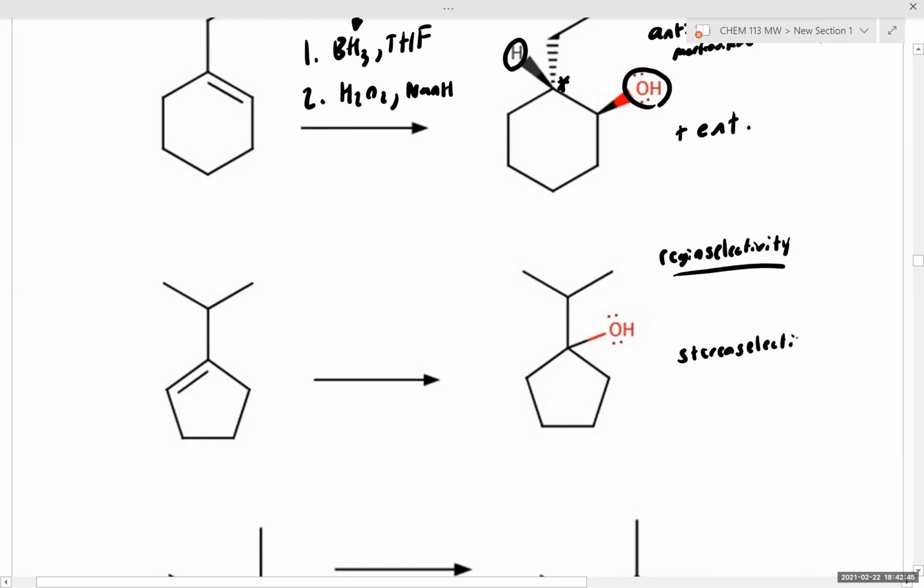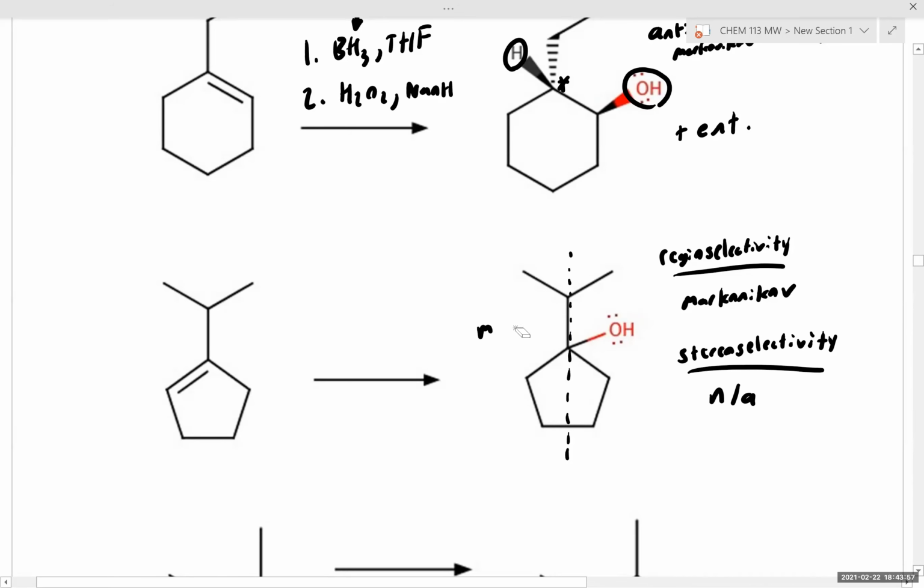It's symmetrical. Yep, it's a meso compound as well. Well, it's not even meso, more correctly it would be called achiral. There's no stereocenter found in this molecule. It's perfectly symmetrical.